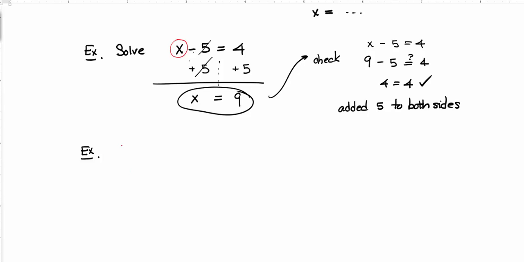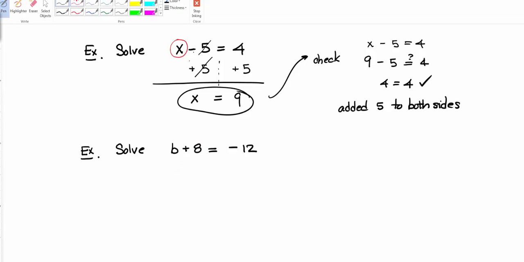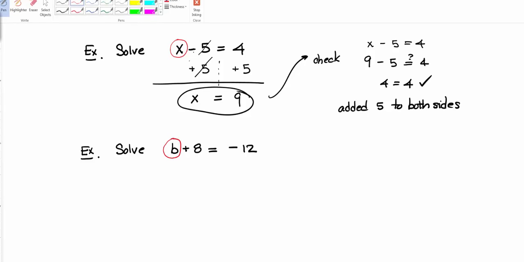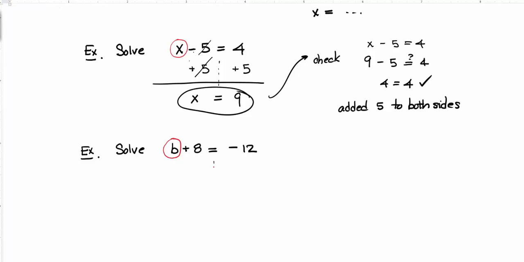Okay, let's try another one. Solve b plus 8 equals 12. Sorry, let's make it equals negative 12. So I'm going to ask myself, how do I get b by itself now? Well, it's not on one side of the equal sign by itself yet. It's got that 8 there with it.